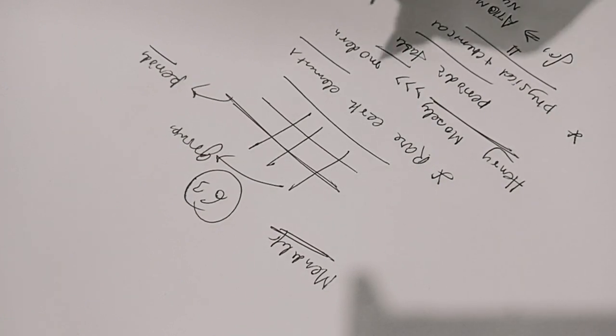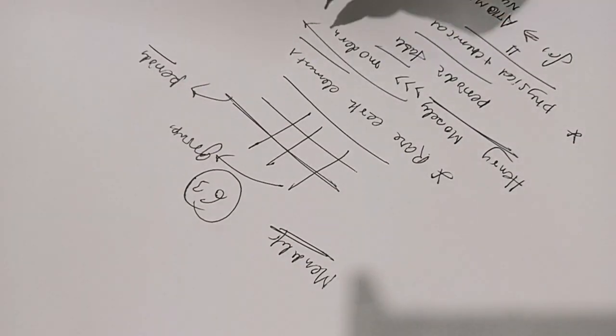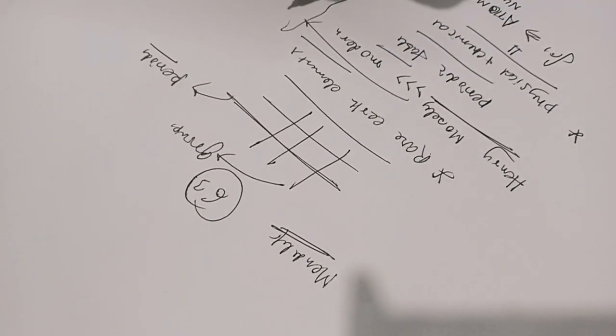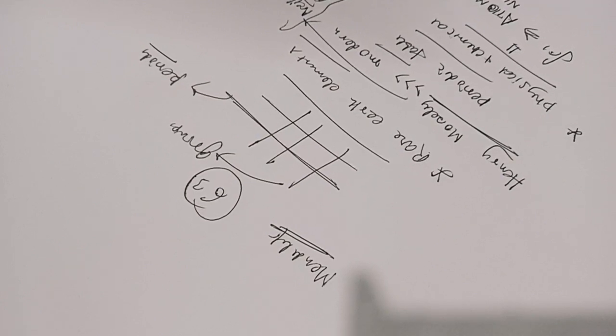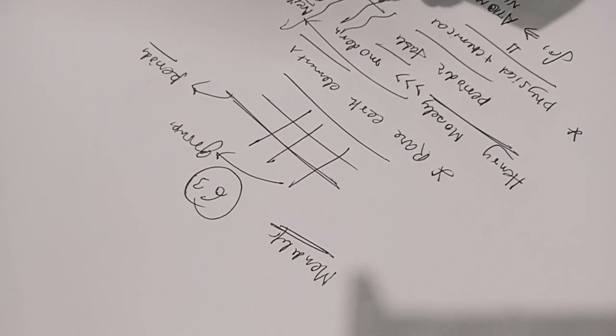Later, more experiments were done, and then Niels Bohr gave the extended form of the table that we know, that is the modern periodic table.